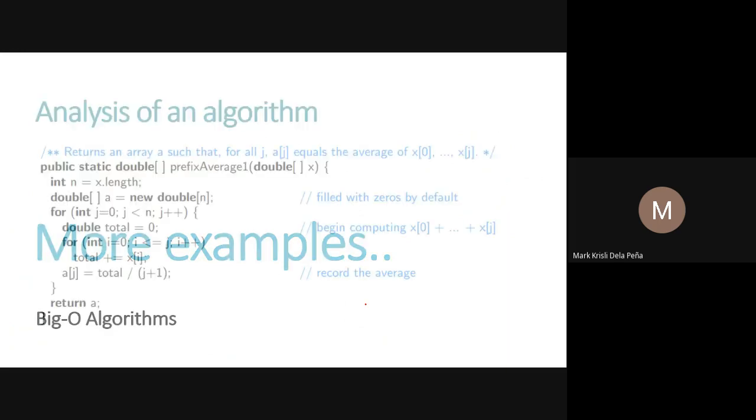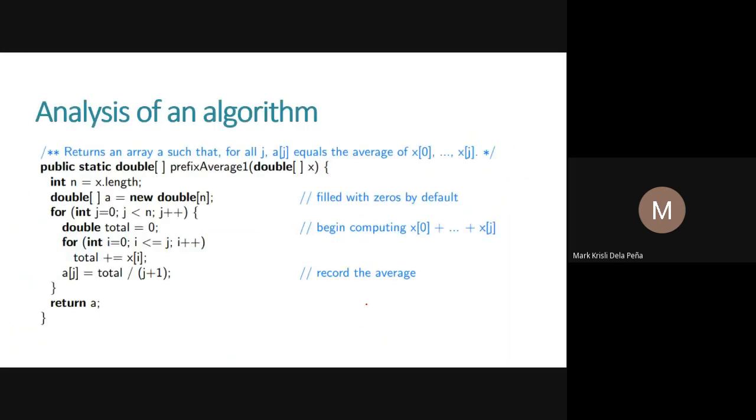Okay, more examples. Now let's analyze this one. How do we analyze this? Let's start with n is equal to x. For this method, that would be 1.